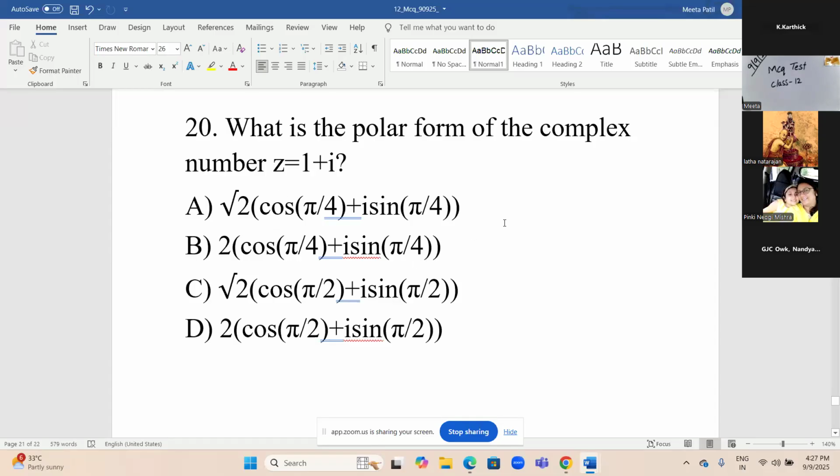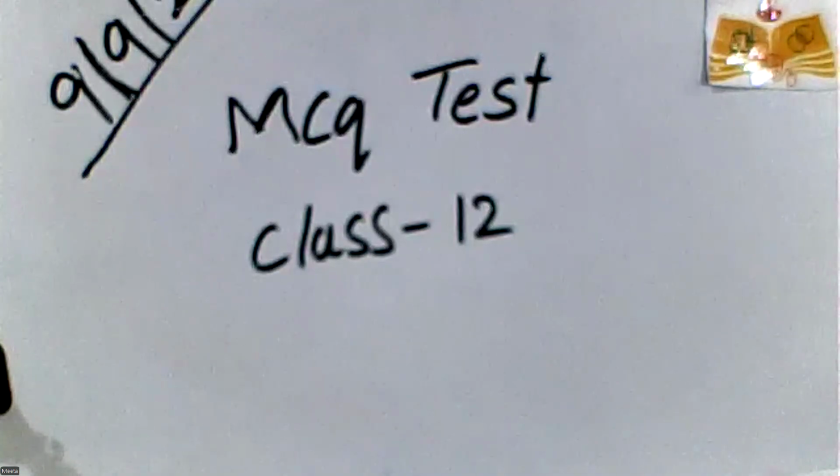Okay, students. I hope you have written your answers in your sheets. Exchange your sheets with your friends, or with those beside you, to evaluate your answers.